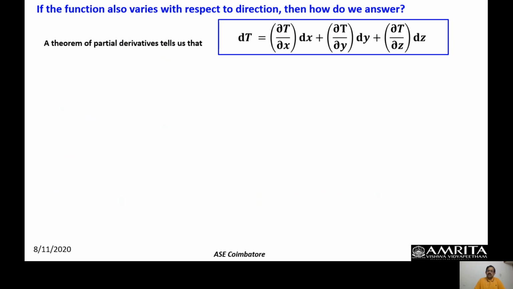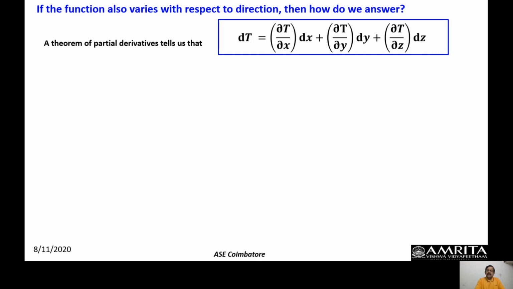Because I am talking about change in temperature, I am going to move an incremental distance dx along the x direction, dy along the y direction, dz along the k direction. What is the total change in temperature? It will be dT equal to dou T by dou x multiplied by dx, plus dou T by dou y multiplied by dy, plus dou T by dou z multiplied by dz.